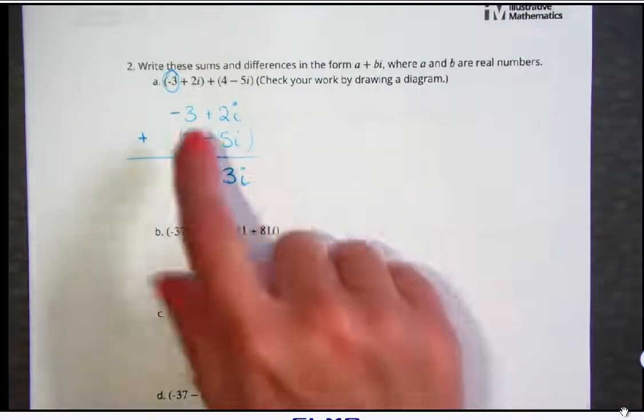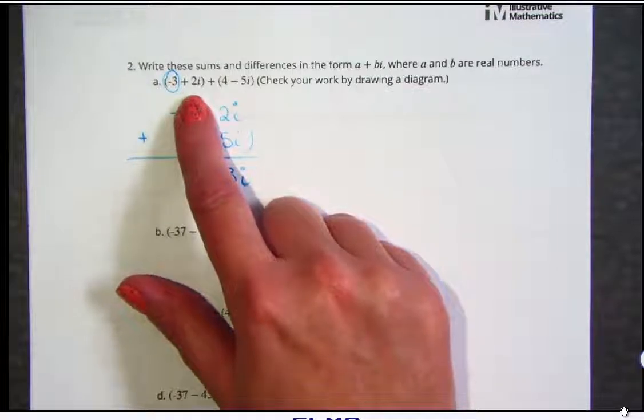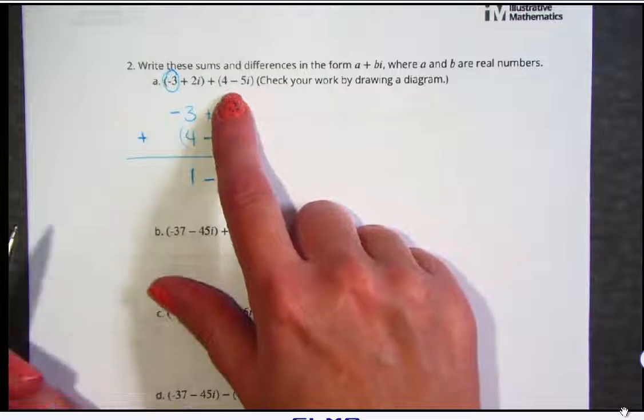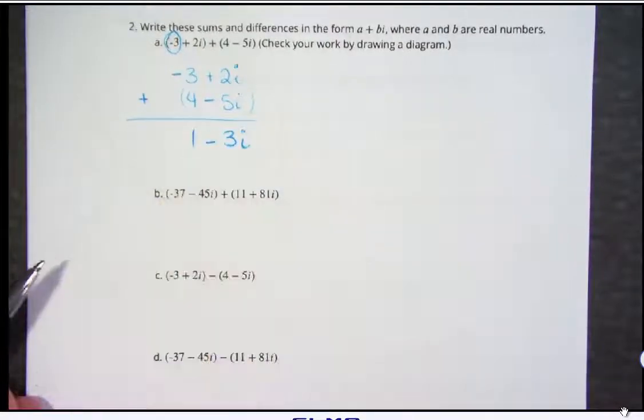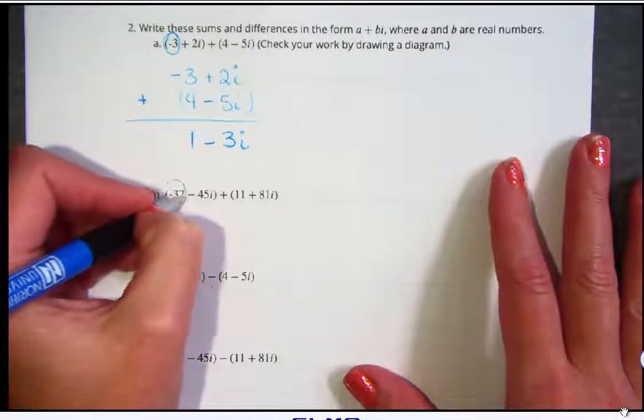So in a mathematical sense, if I had some kind of a resistance or capacitor that could handle negative 3 plus 2i, and I put another one in series that is 4 minus 5i, my ending result would be 1 minus 3i.